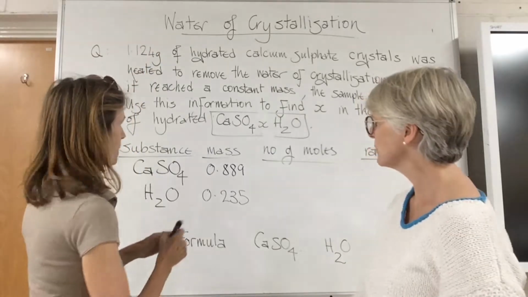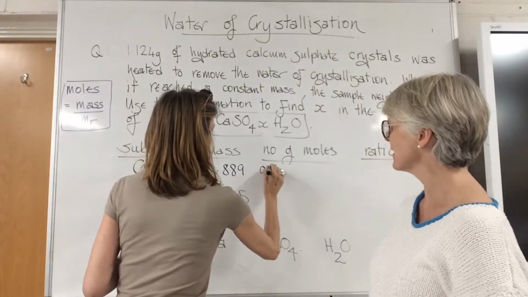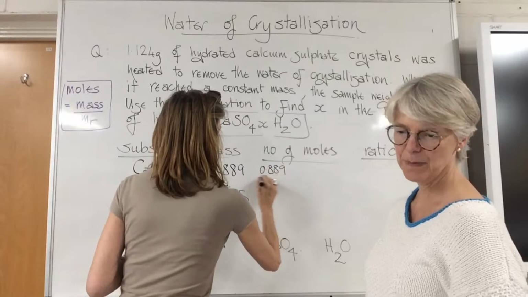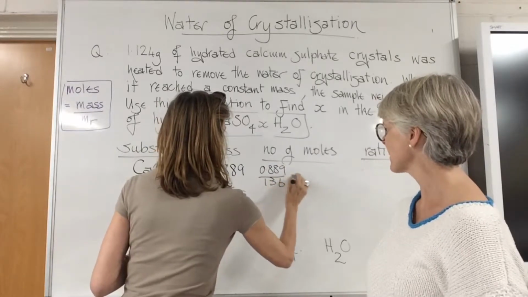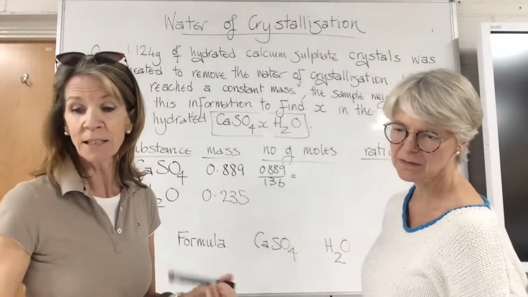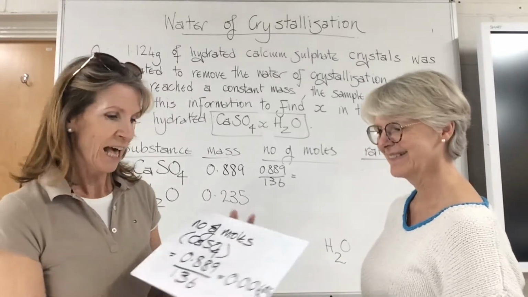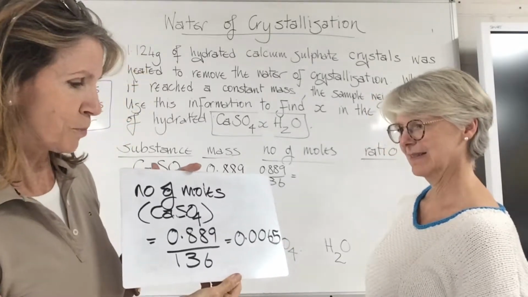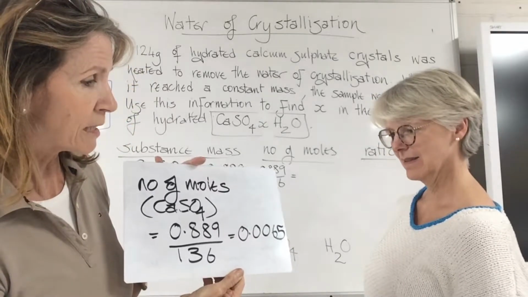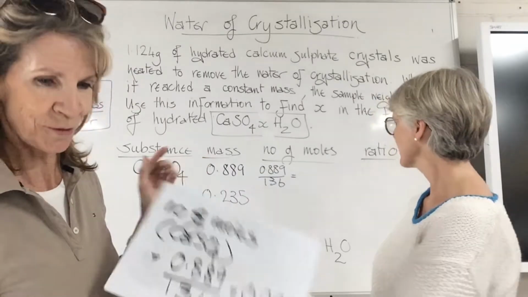So the moles will be the mass, 0.889, divided by 136. And we worked that out to be 0.0065. So I can put that in here.